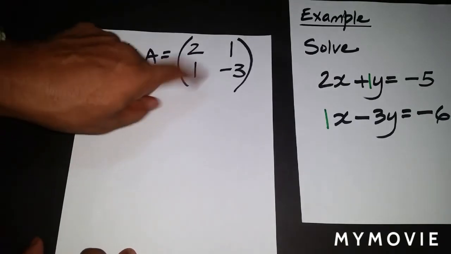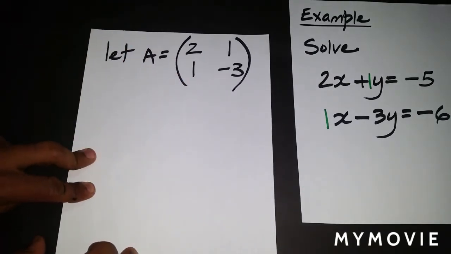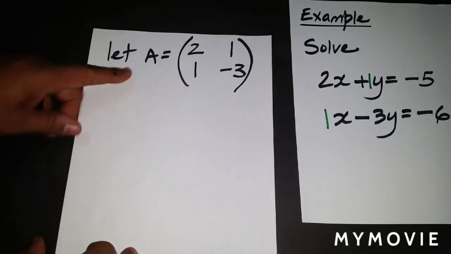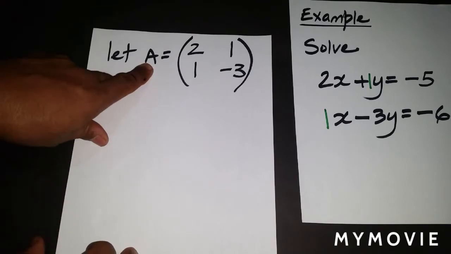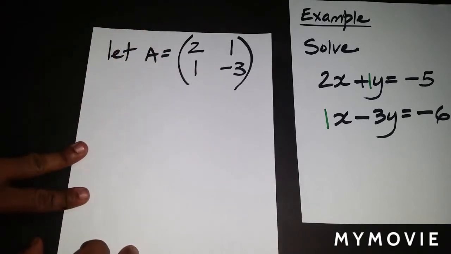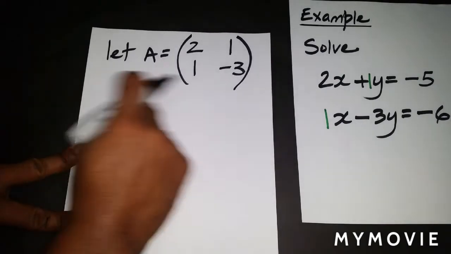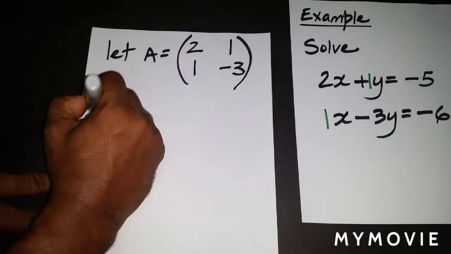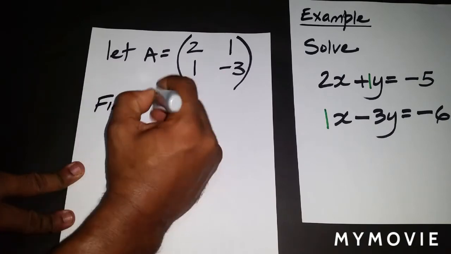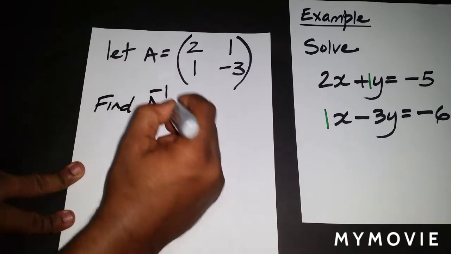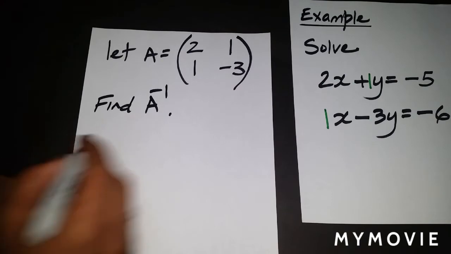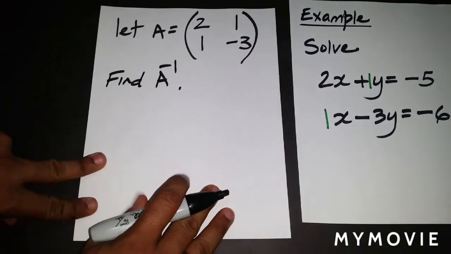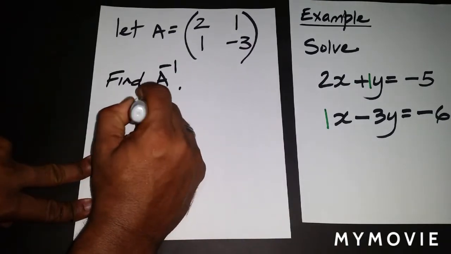Now that we have this, what we need to do is find the inverse of that matrix we've called A. You can use any letter here. Just say let A equal a 2 by 2 matrix. The next thing is to find the inverse of A. In order to find the inverse of A, of course, we need the determinant.